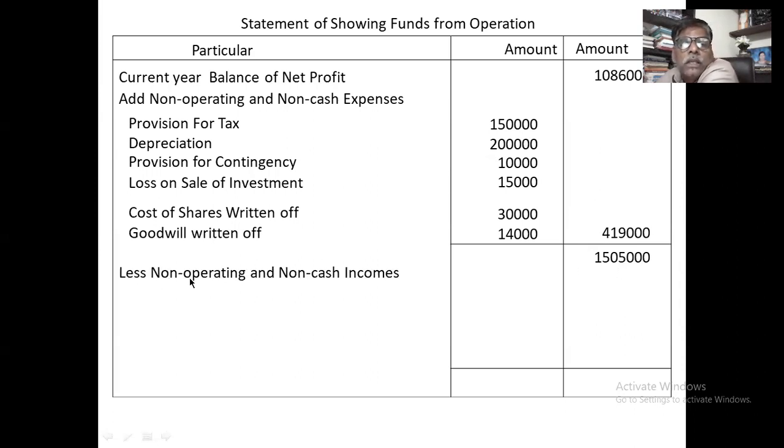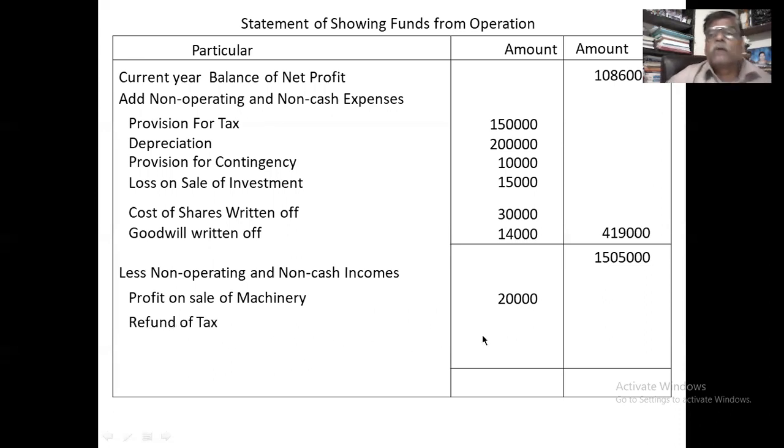And next is less non-operating and non-cash incomes. First is profit on sale of machinery. It is not related to operation. Okay. Second is refund of tax. It is also not related to operation. Third is dividend received. It is also not related to operation.